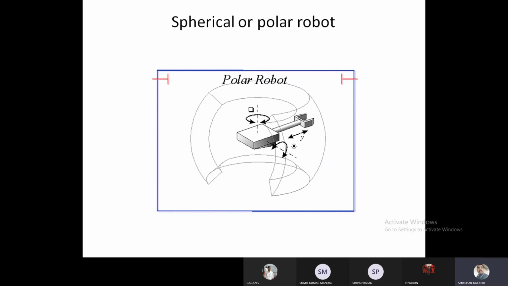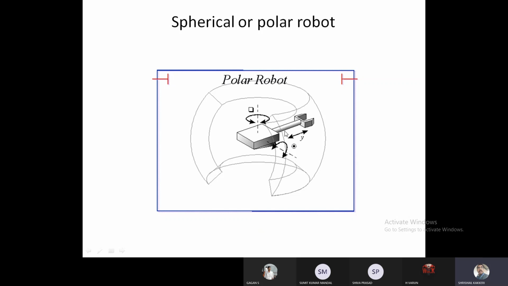You can see that r is the retraction of the arm. This one is the arm, it can be extended front and back.